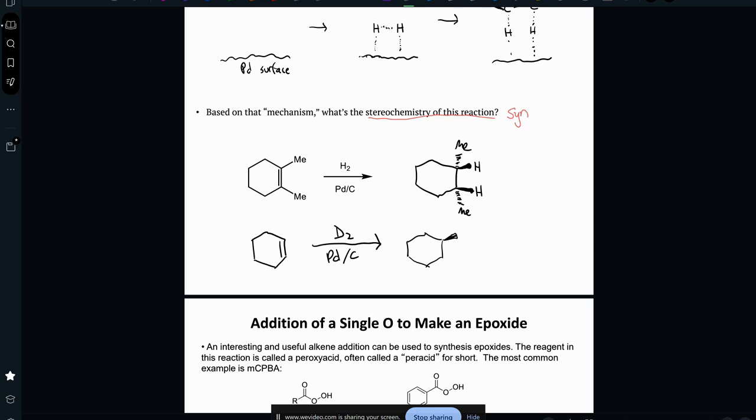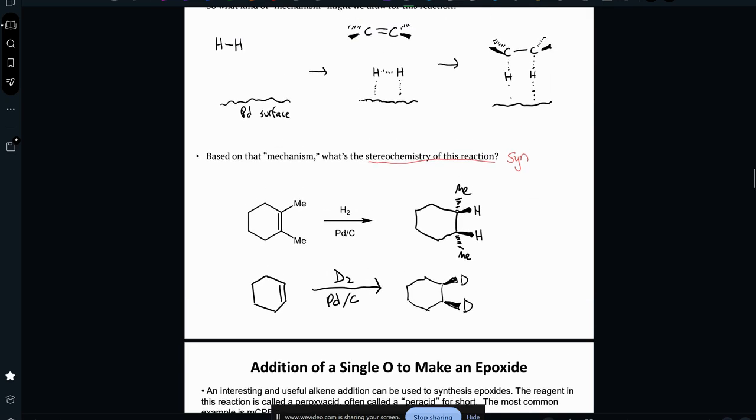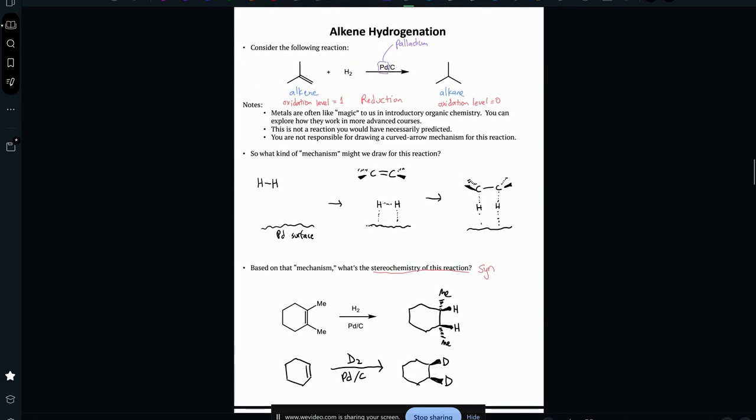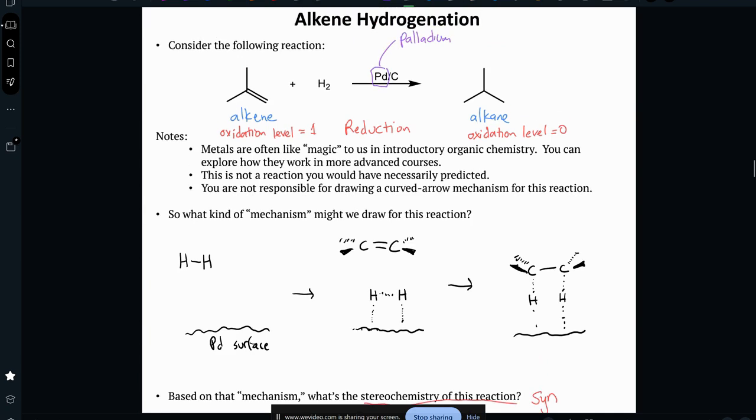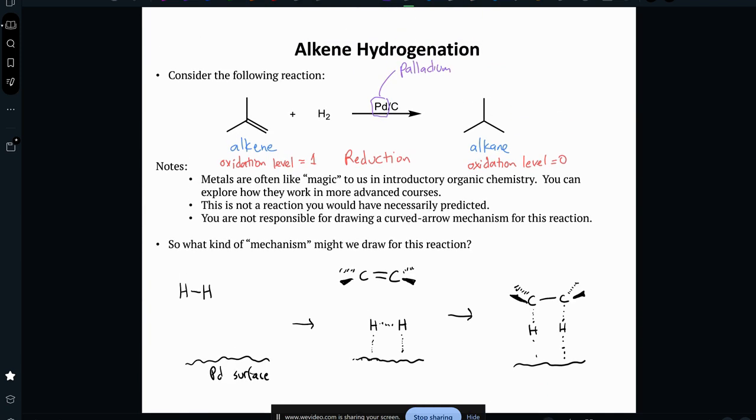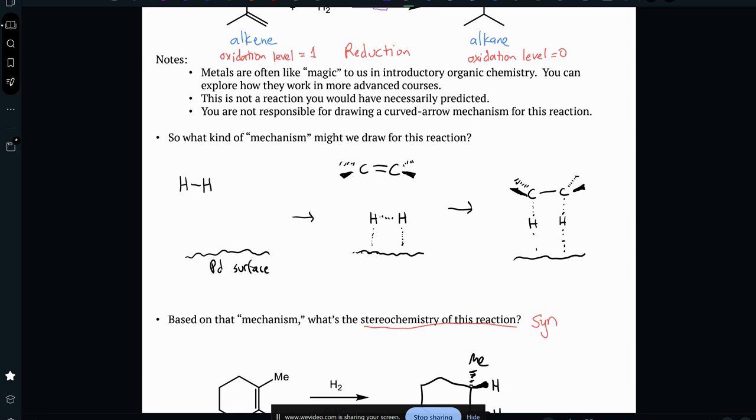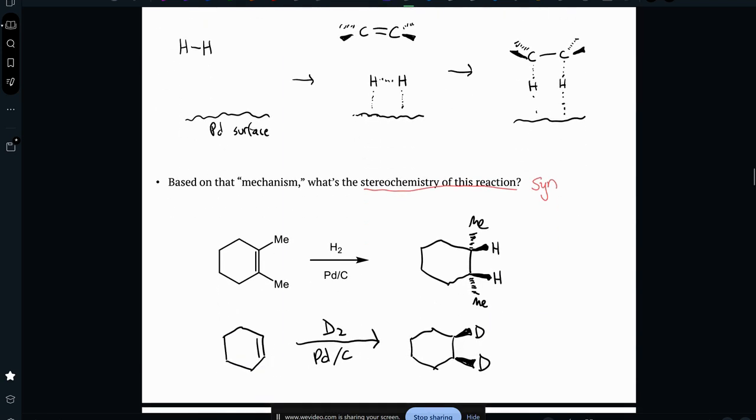This would give me a syn addition, and it's a way to add some markers to my molecule. So that's catalytic hydrogenation. You don't really need to know anything more about it. If you take future organic chemistry classes, you'll see this set of reagents, H2 with palladium on carbon, a whole lot, because it turns out this palladium can catalyze a whole lot of different reactions where we're adding hydrogen to different molecules.